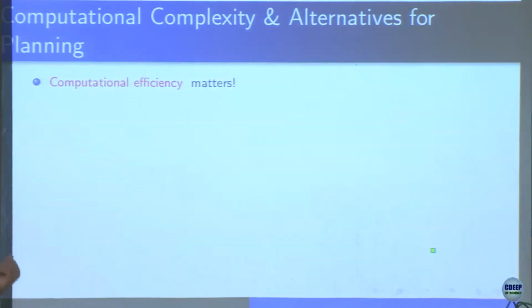And therefore the computational efficiency will matter here because we are talking about planning, right? So this is planning, finding the best pi, to reach a goal in a maze, right?